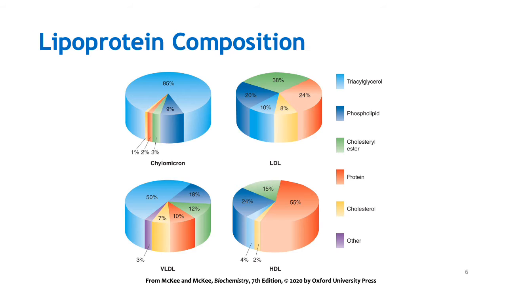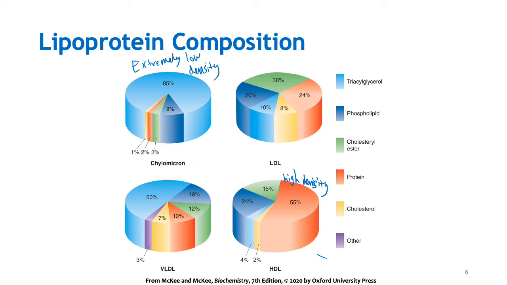So here are the various lipoprotein compositions. So here's chylomicron. Remember, this is extremely low density. There's that glitch, class. Don't you love it? Okay. And then whenever you get to HDL, you see high density.